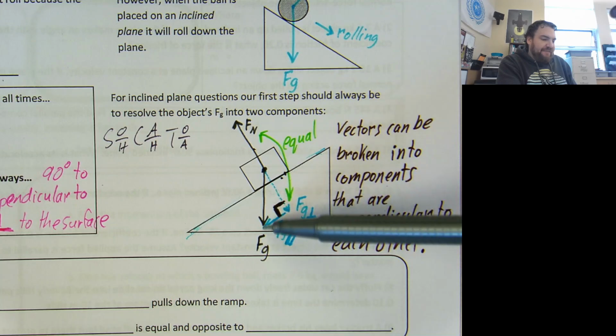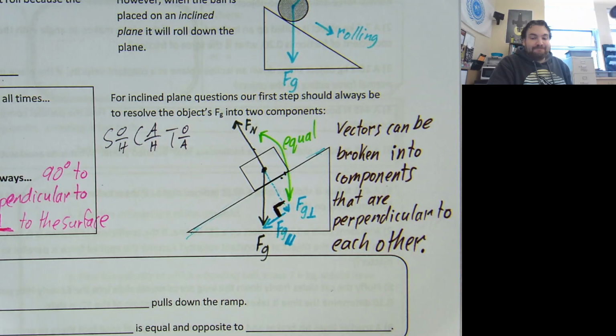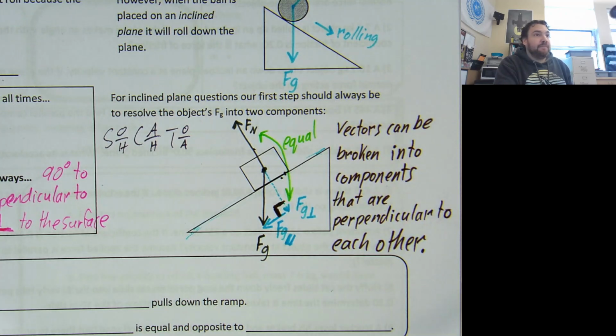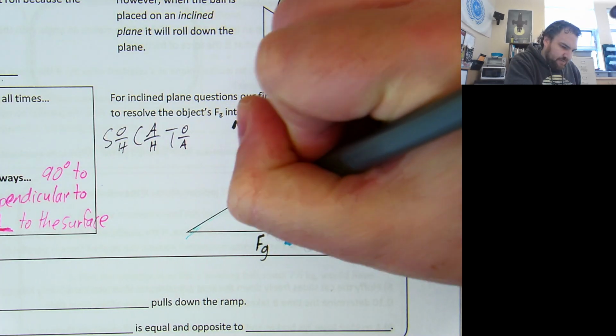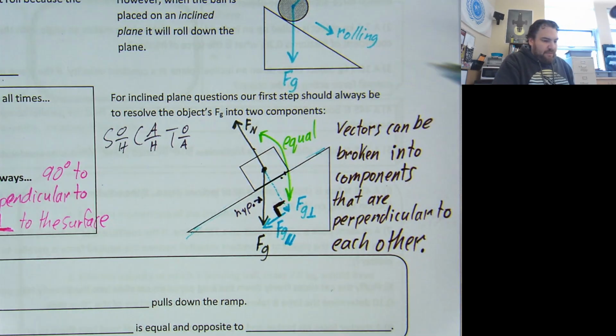This force FG forms what side of this triangle? What is the side called that's across from the 90? It's the hypotenuse. So this guy here is going to be the hypotenuse of that right angle triangle.